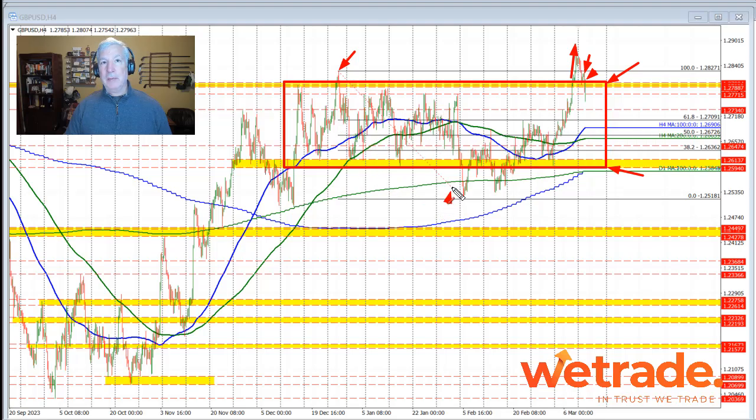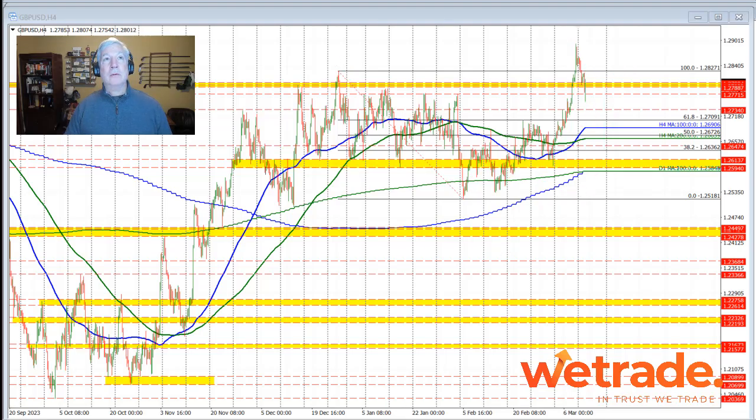Admittedly, the price did move down below here on a number of different occasions, but this is the value area, folks. Don't deny that. As long as the price can remain above 1.28, the bias remains more to the upside. We're currently trading at 1.2803. So we'll see if that bullish tilt can continue.